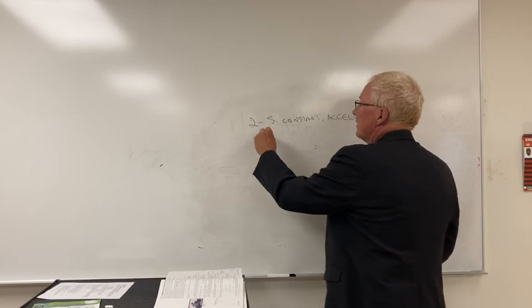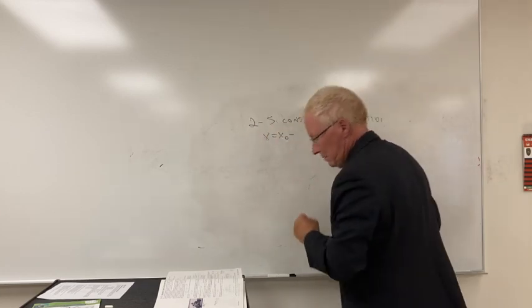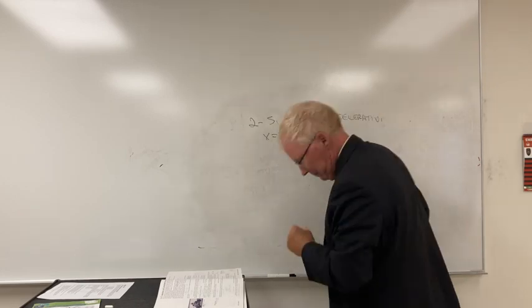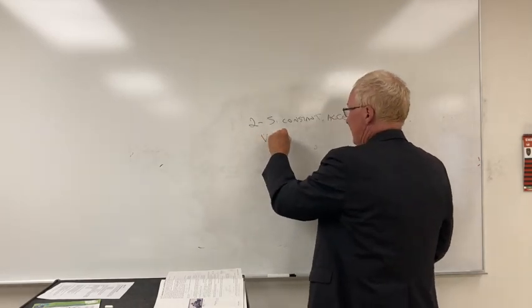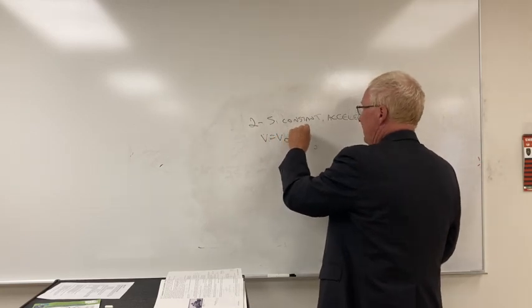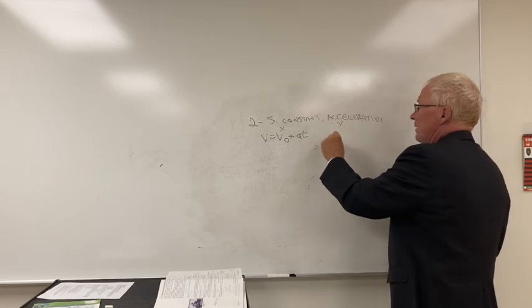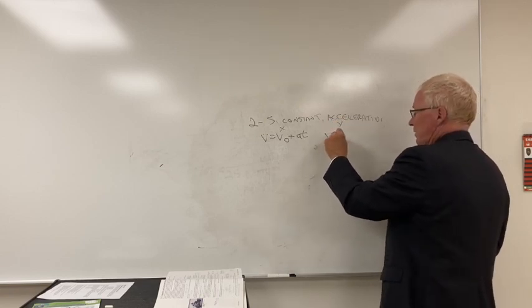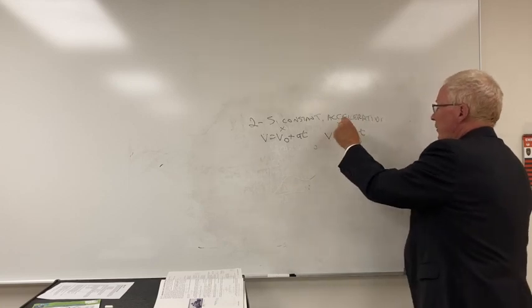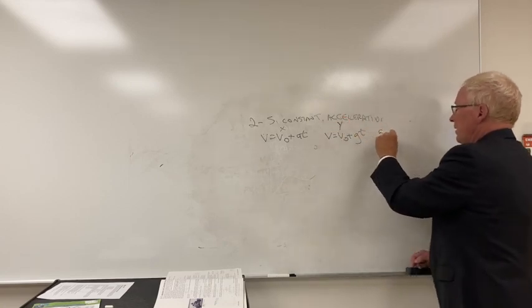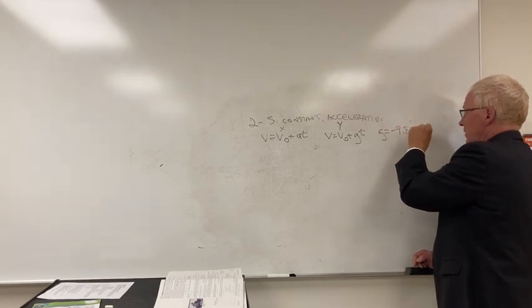First, v is v naught plus at, and in the y direction, v is v naught plus gt, where g is minus 9.8 meters per second squared.